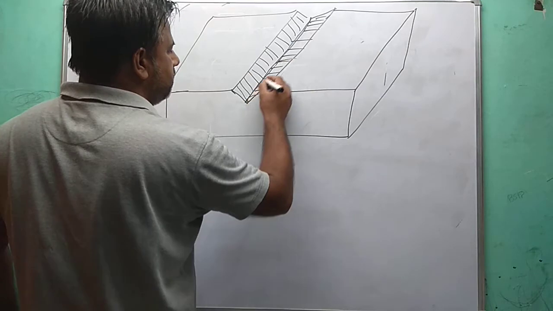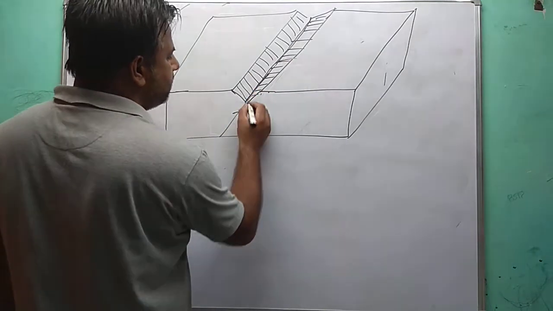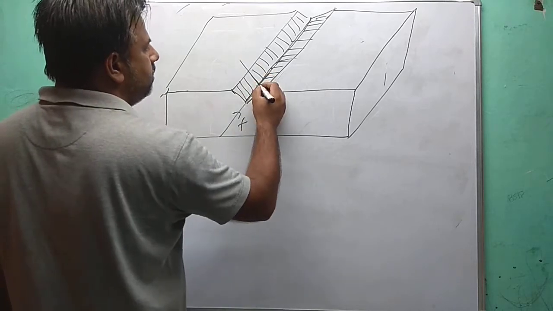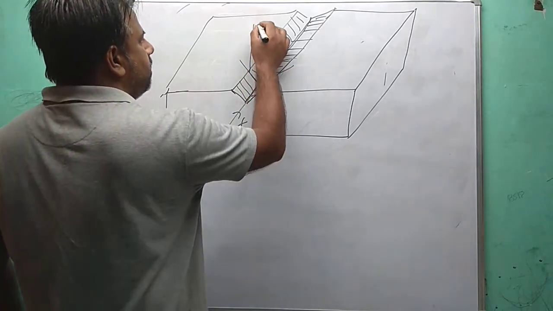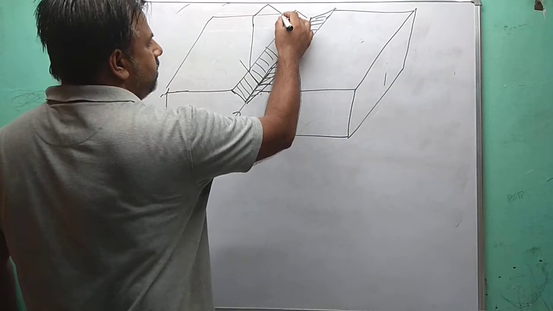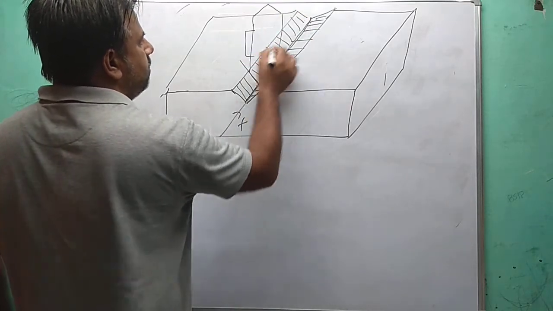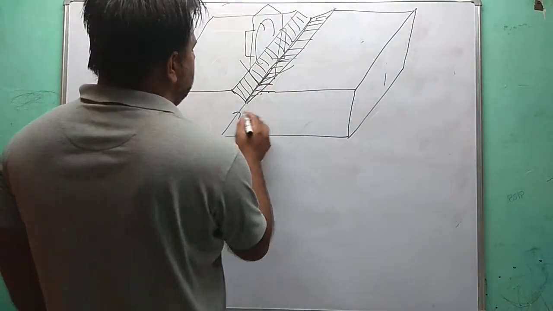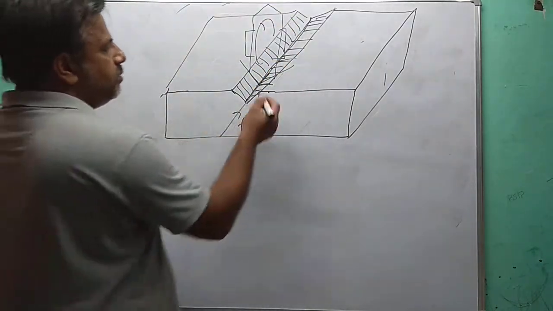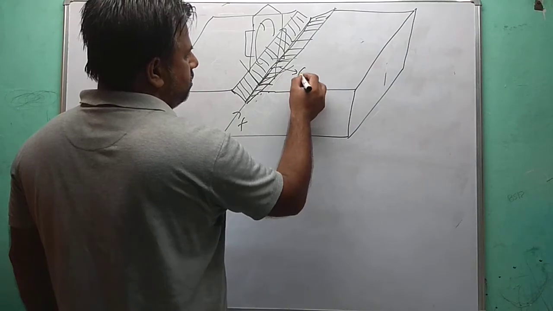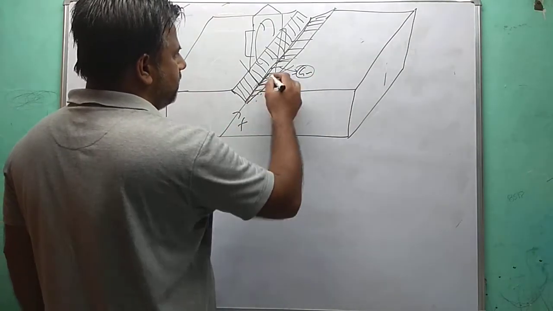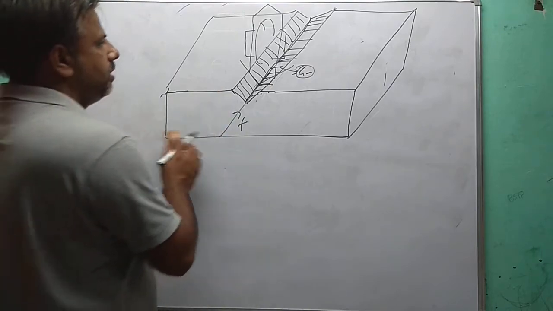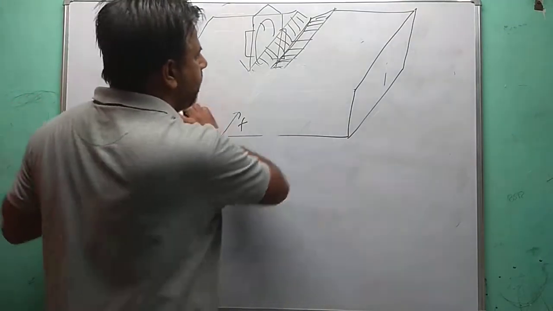The feed is in this direction. This is the feed direction, or these are the directrix. And this is my cutting tool, like this. It revolves like this. So the line generated by the cutting motion is your generatrix, and the line generated by the feed motion is your directrix. So in this way you may show the generatrix or directrix.